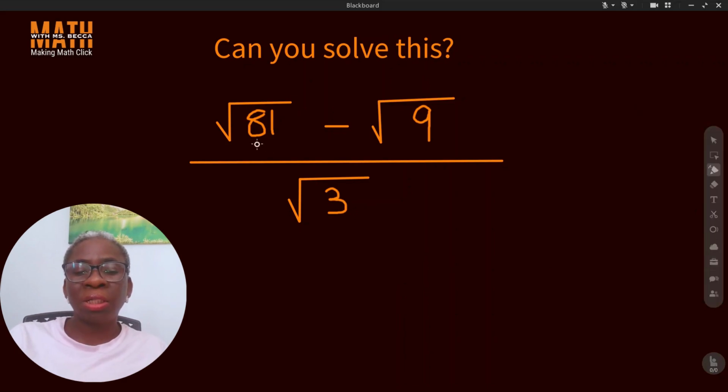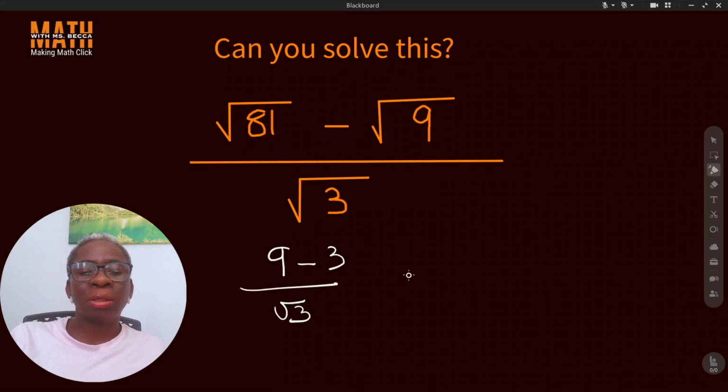To solve this, we have the square root of 81 to be 9. So this will be 9 minus the square root of 9, which is 3, then over root 3. So this will give 6 over root 3.